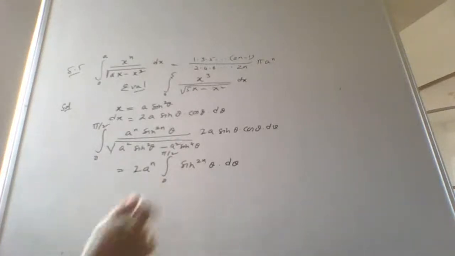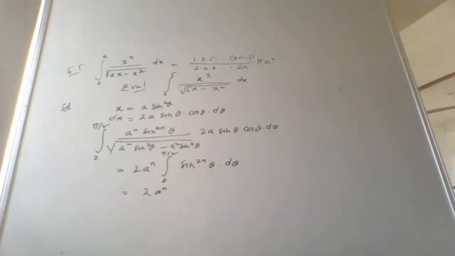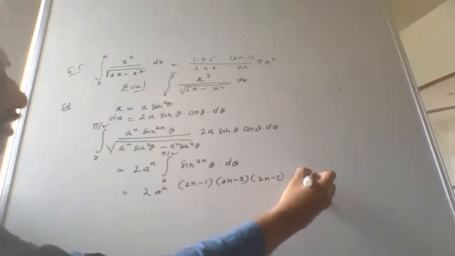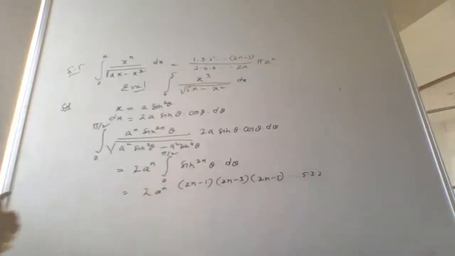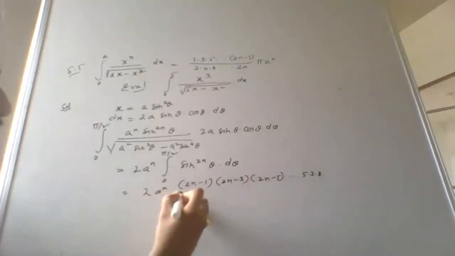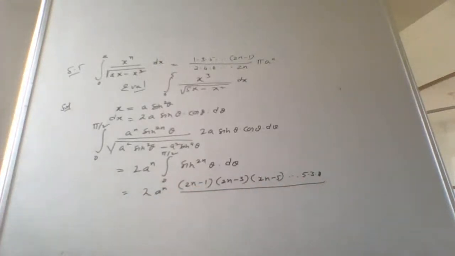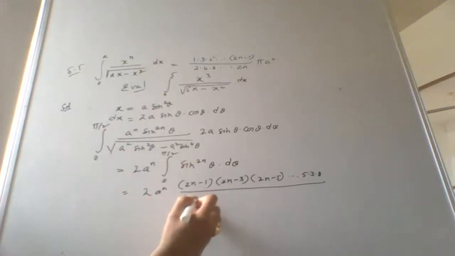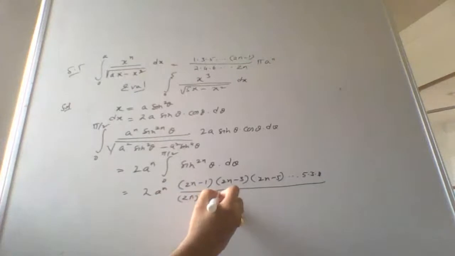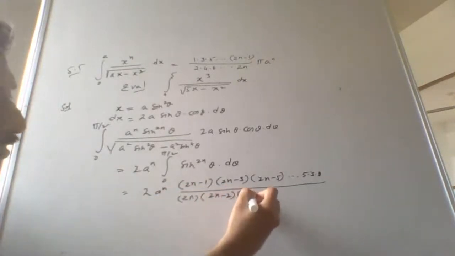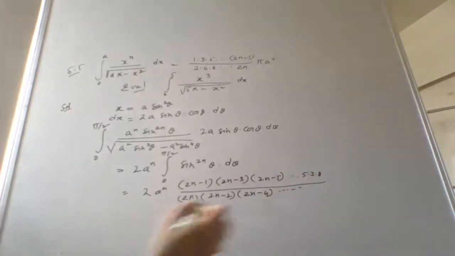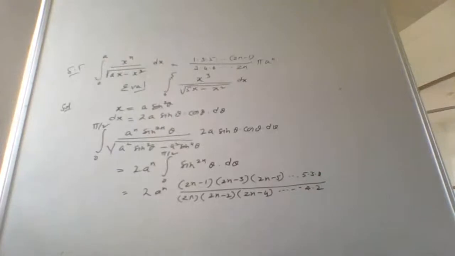So let us use the reduction formula for sine to the power 2n, which gives 2n minus 1, 2n minus 3, 2n minus 5, down to 5, 3, and 1, divided by 2n, 2n minus 2, and 2n minus 4, down to 4 into 2 in the denominator.